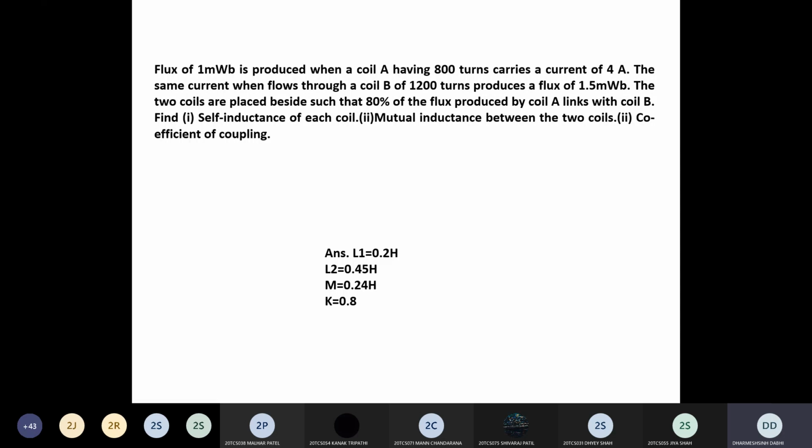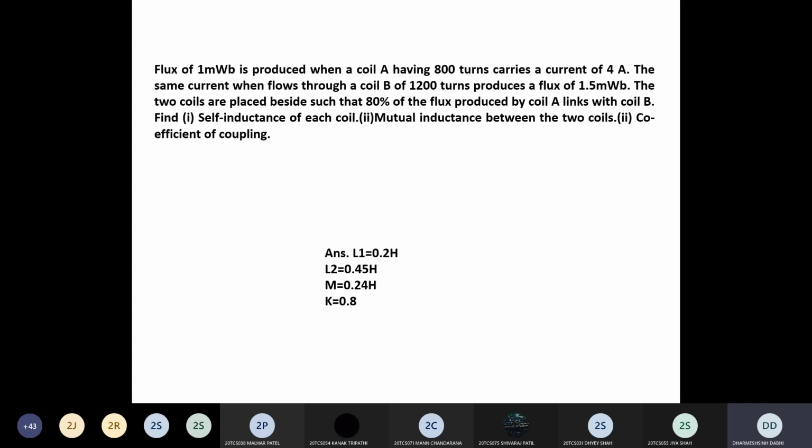Is there any doubt? All of you have calculated this example? So I move to the next slide. Yes or no? Yes, sir.